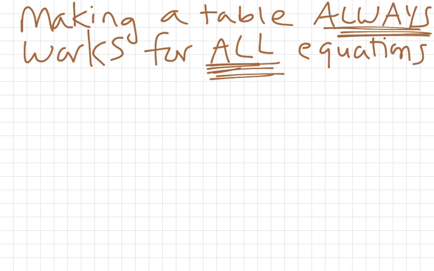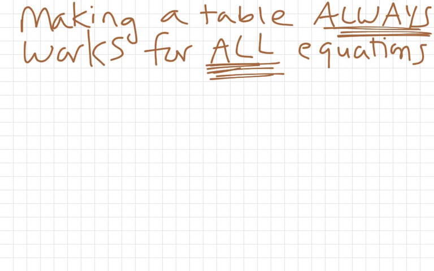So what works for y equals 2x plus 3 is going to work no matter how ugly or messy the equation is, even if you don't understand what that equation is doing. So while this might seem tedious or kind of boring, it's also really, really powerful, because this means that with a pre-algebra level understanding of what a graph is, you can actually graph any kind of equation in the universe.